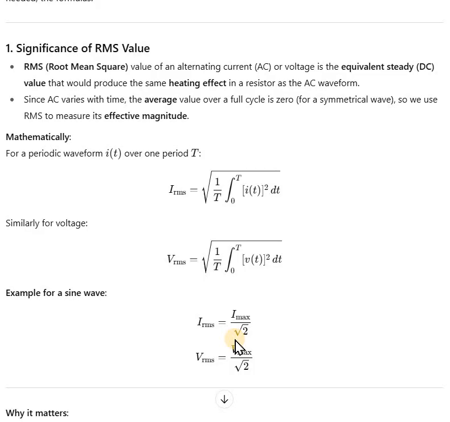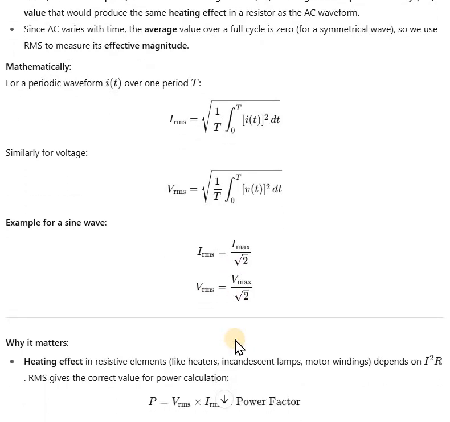Since AC varies with time, the average value over the full cycle is 0, so we use the RMS to measure its effective magnitude. The formula would be I RMS equals square root of 1 by time period, integral 0 to T, I of t whole square dt.